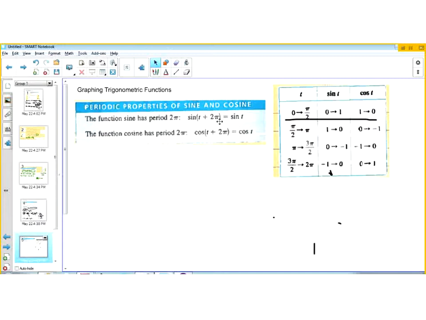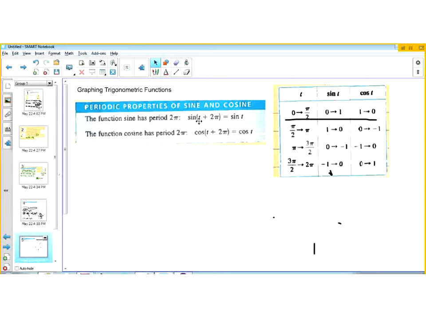That is, what we're saying is, this formula holds for any terminal number. So the sine of a terminal number will yield the same output as the sine of t plus 2 pi. Okay? And so 2 pi is called the period, and this is called the periodicity of the function.